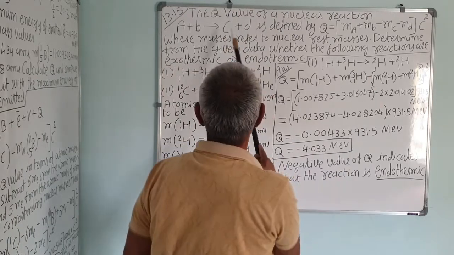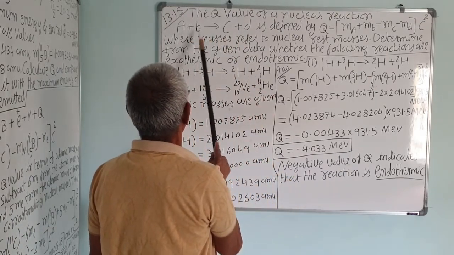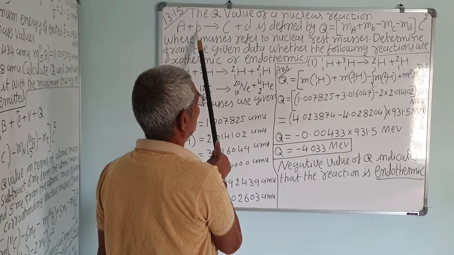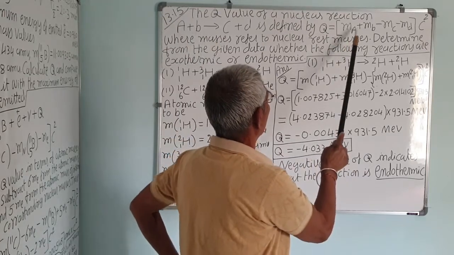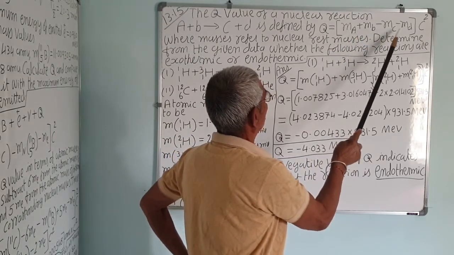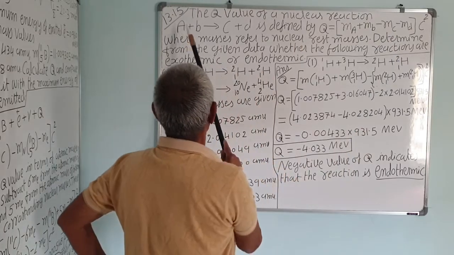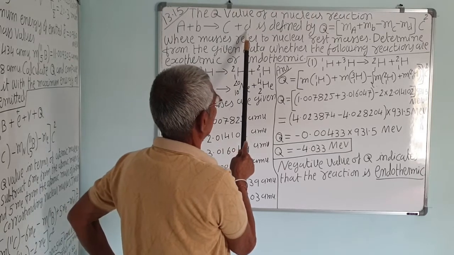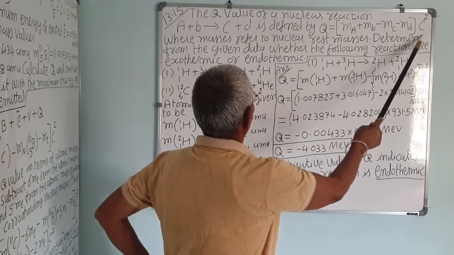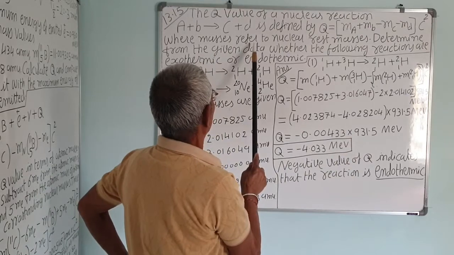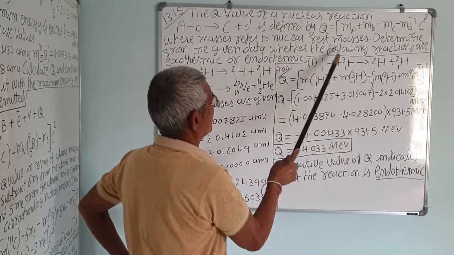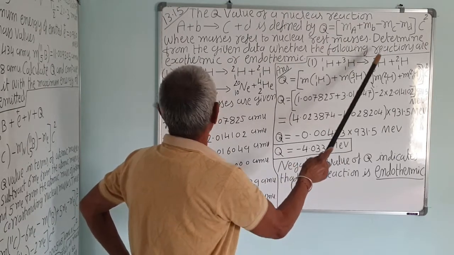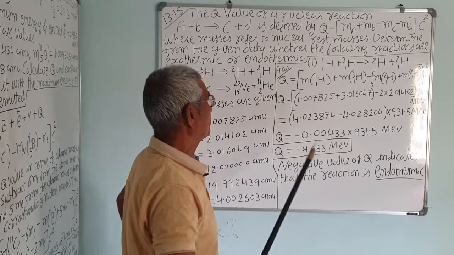If you subtract the mass of C and D from A and B, you get the mass defect, multiplied by c square. That is Q equals (MA plus MB minus MC minus MD) c square, where the masses refer to the nuclear rest masses.